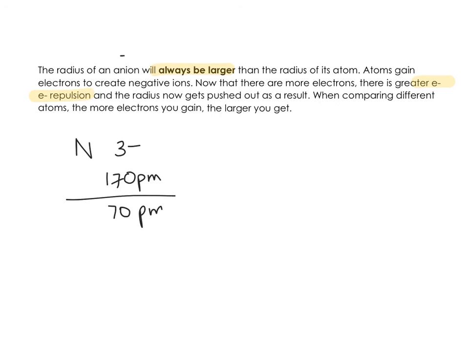So it definitely got bigger. And then right beside it is oxygen. So O2 minus has an ionic radius of about 140 picometers, whereas its atom was only 66 picometers. So it got larger as well. But you can see nitrogen has more added electrons than oxygen does, and its radius is larger.